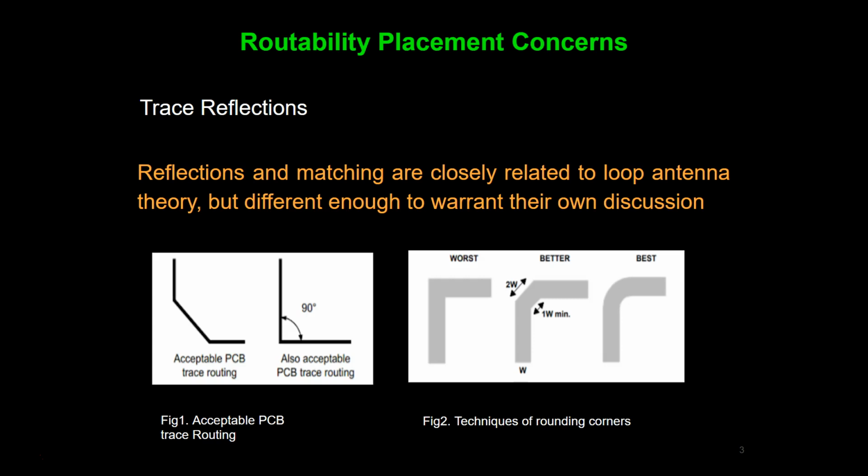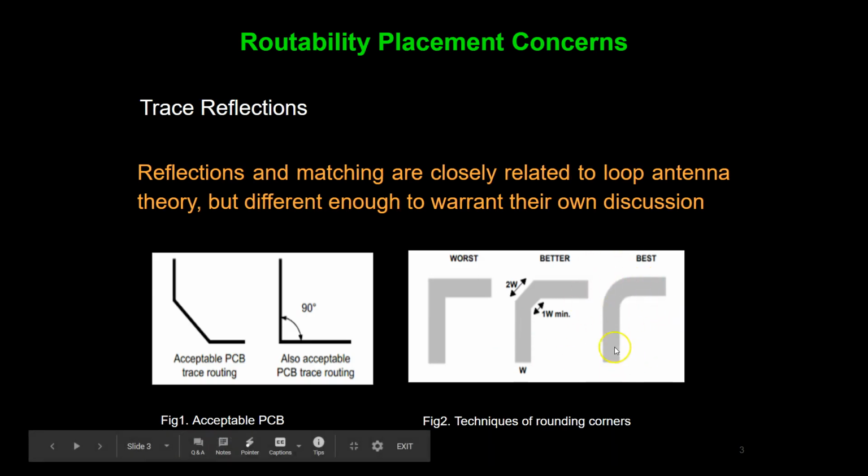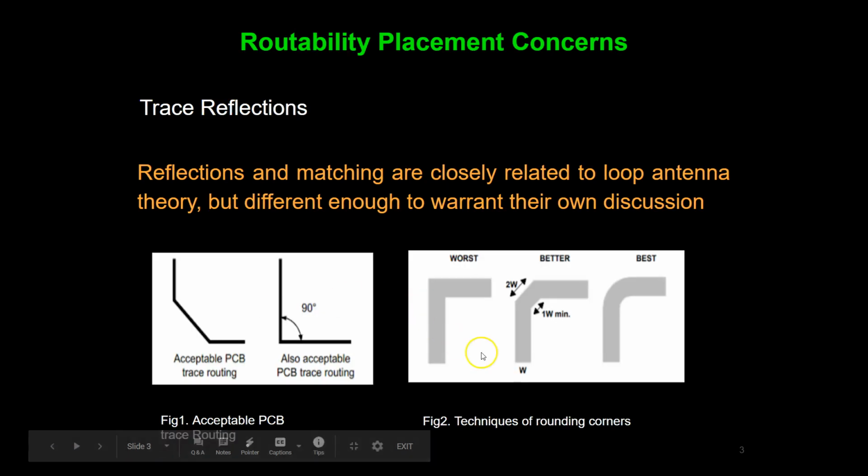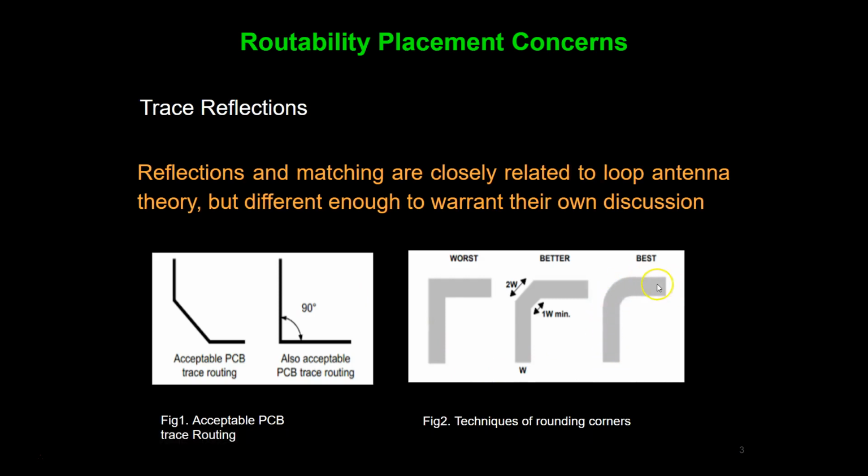Here, the figure shows progressively better techniques of rounding corners. Only the last example in this figure maintains constant trace width and minimizes the reflection compared to these two. So this is the best way of giving a turn at a corner.